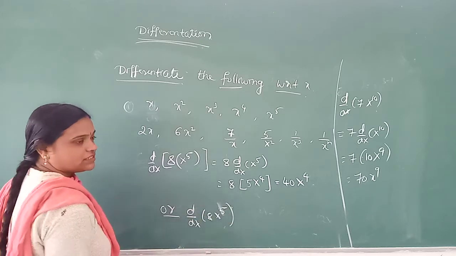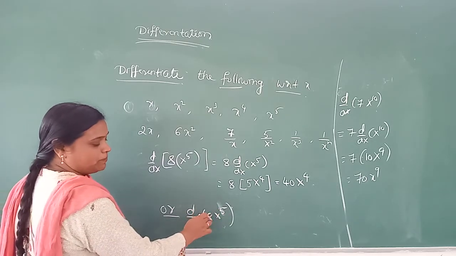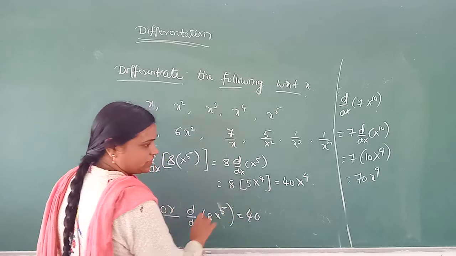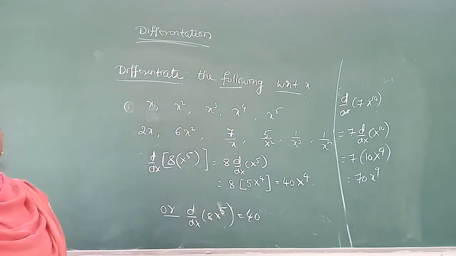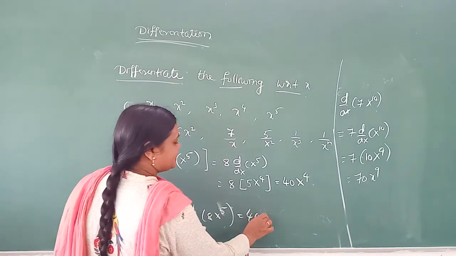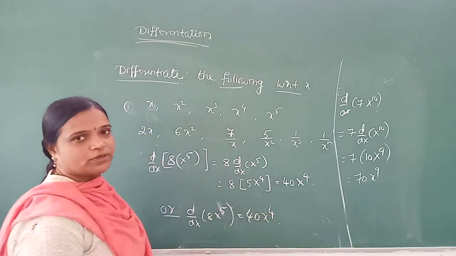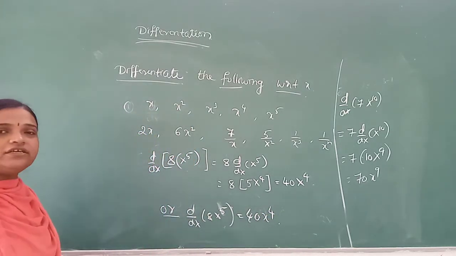Correct. That constant and power should be multiplied. 8 5s are 40 and the power of x should be what? Reduced by 1, means we can write directly 40x to the power 4. And for a 1 mark question, better you write it directly.